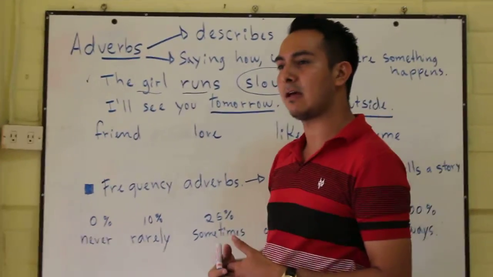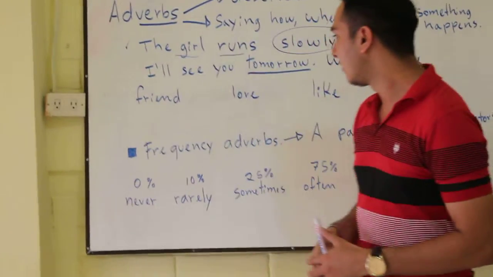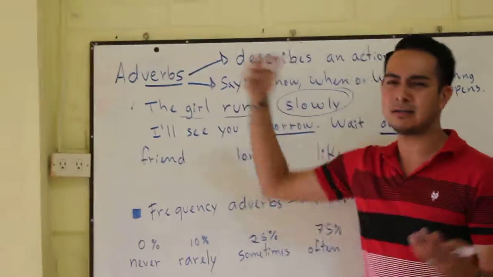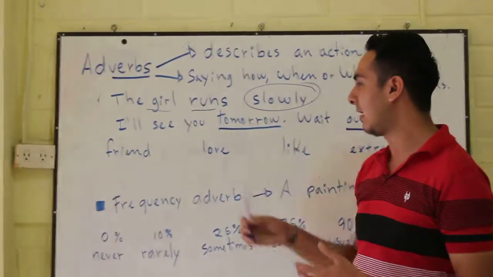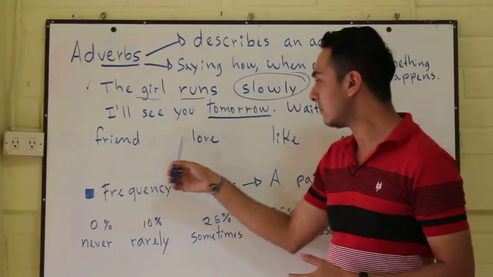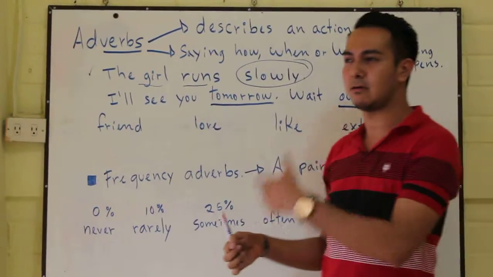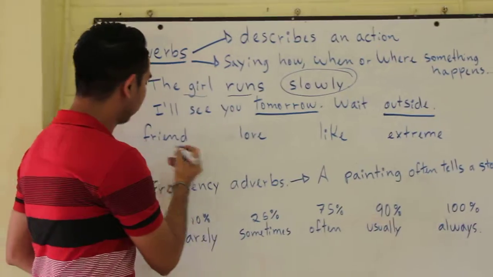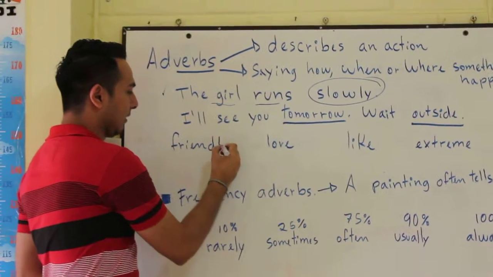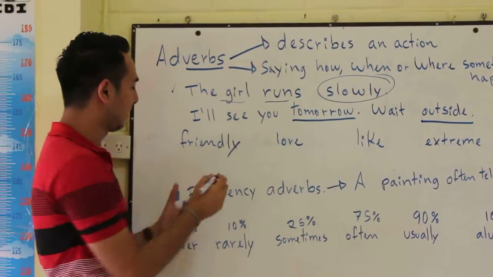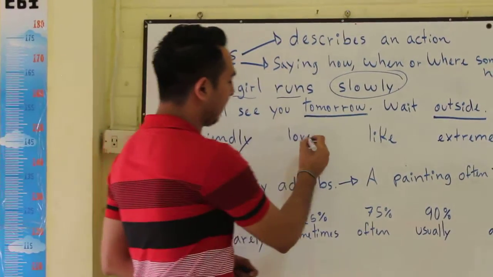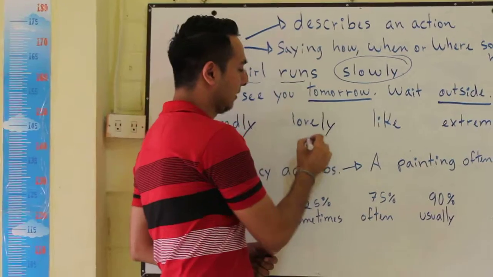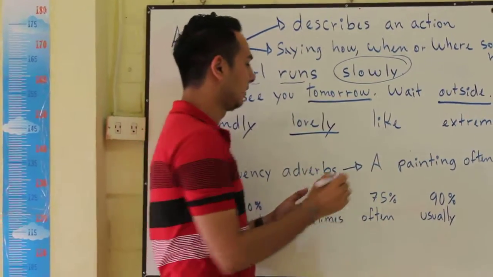There are a lot of kinds of adverbs, and I'm going to explain how to transform a word or a verb into an adverb. There is an easy way: you can just add ly to a word, and you can turn this word into an adverb. Let me show you. Friend, we add ly, and now we have an adverb: friendly. We have love, and guess what? We can just add ly. Now we have lovely.